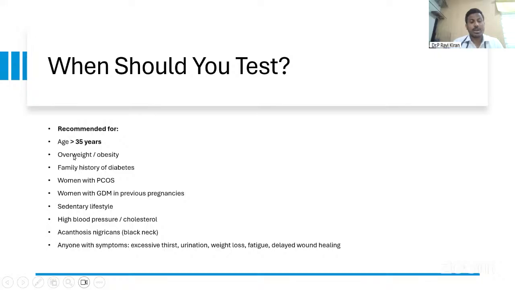Any person with a history of overweight or obesity, family history of diabetes, women with PCOS, which is a sign of insulin resistance, women with gestational diabetes mellitus in previous pregnancies, sedentary lifestyle, high blood pressure or cholesterol, which form a spectrum of metabolic syndrome, acanthosis nigricans, again a symptom of insulin resistance, and anyone with symptoms like excessive thirst, urination, weight loss, fatigue, delayed wound healing. If any of these features are present, it would be advisable to get the person tested for diabetes, which includes fasting, post-lunch, and HbA1c.